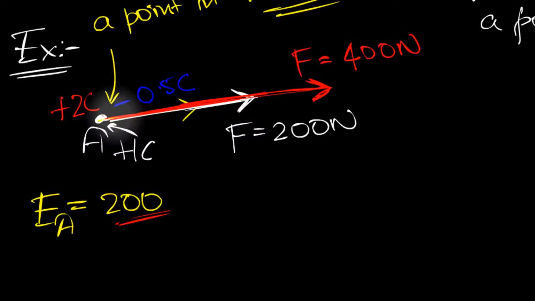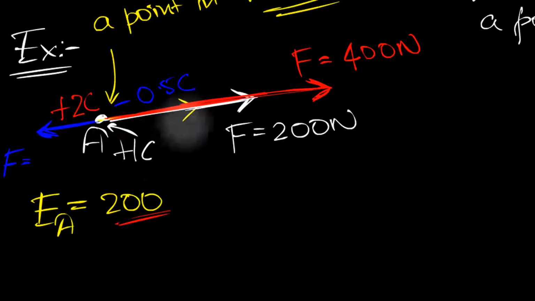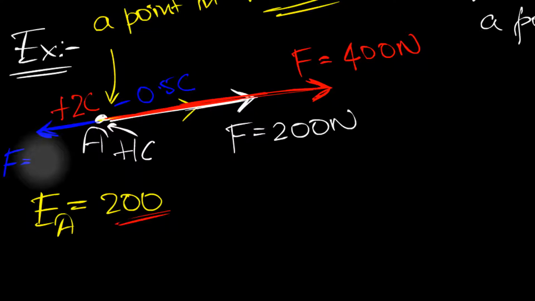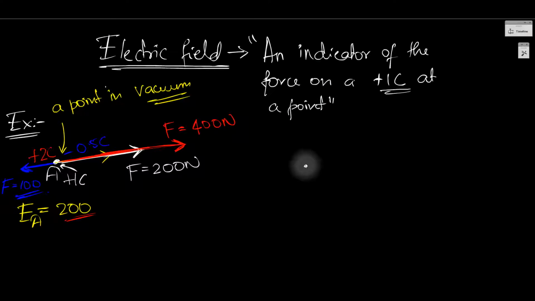Well, if a positive charge experiences a force in one direction, obviously the negative charge is going to experience a force in the opposite direction. But again, the amount of force, the magnitude, is given by this number over here. It's 200 for a coulomb, so for half a coulomb, it would be half of 200. That would be 100.